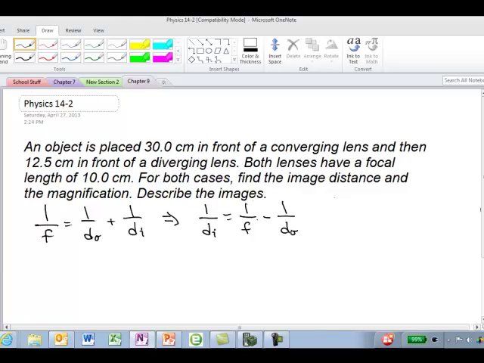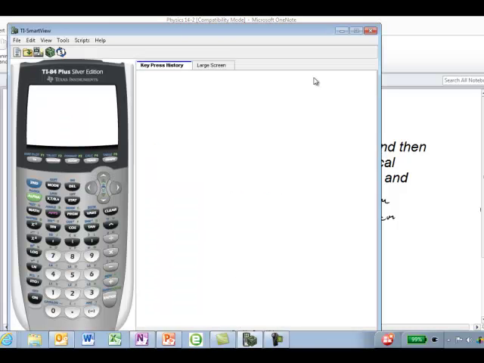We're given in the problem the focal length is 10.0 centimeters, and the object distance is 30.0 centimeters. So we can plug those values in here, and we get 1 over 10.0 centimeters minus 1 over 30.0 centimeters. So here's our calculator.